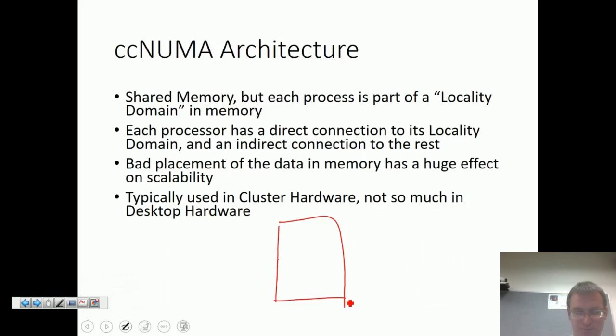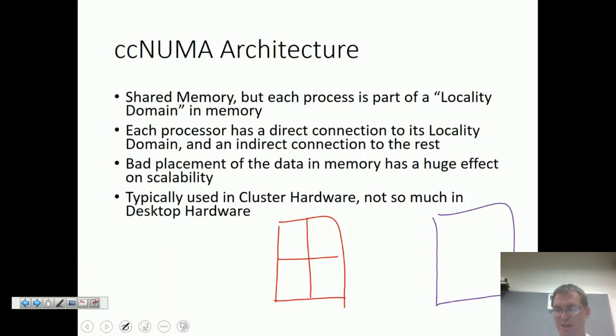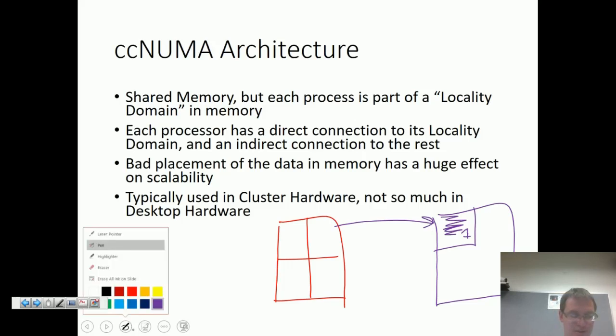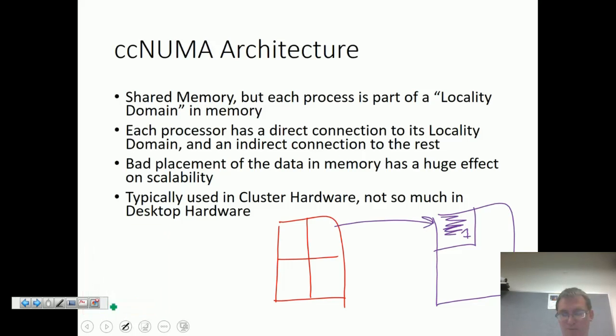Okay. Let's just assume for a second. There's our processors. Here's our memory. Let's say all of your data is located here. And this just happens to be the locality domain of processor number 1. Processor number 1 has a direct connection to it. So that's not bad. Whereas everyone else has to go through the indirect methods.